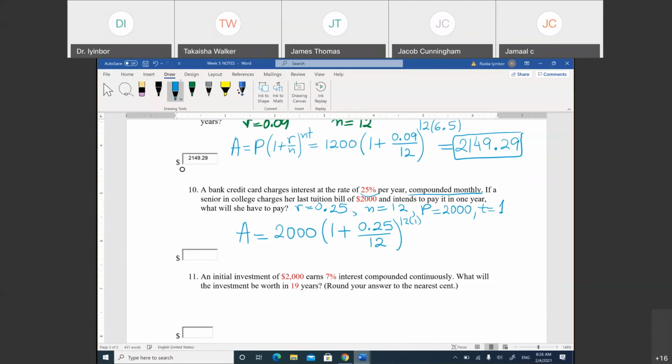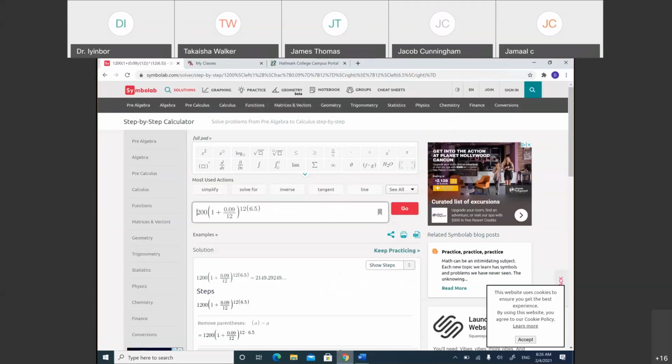And then the calculator is going to help us find the answer. So here we have 2,000. This is 25%. And this is 12 times 1.